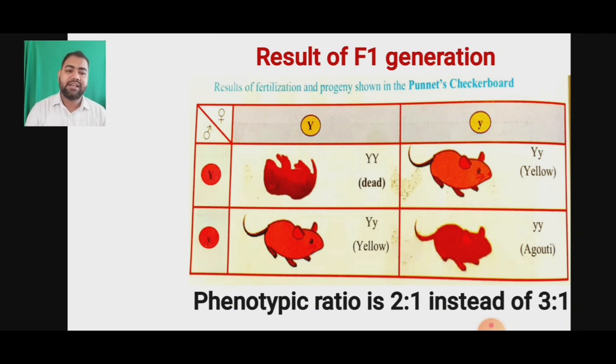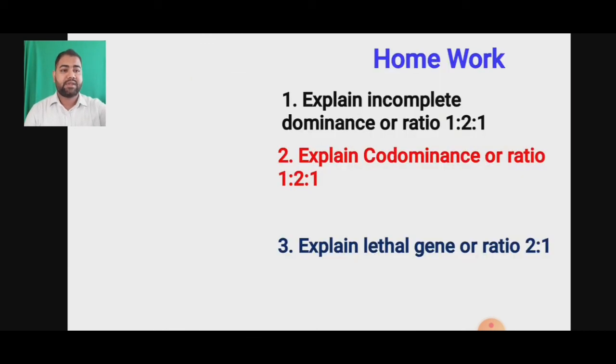For that reason, the phenotypic ratio appears as 2:1 instead of 3:1. Dear students, this is the most important deviation from Mendel's first law, caused by the lethal gene, and the phenotype ratio appears as 2:1 instead of 3:1.